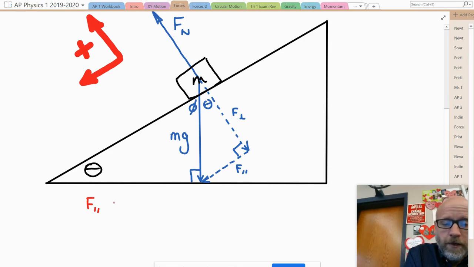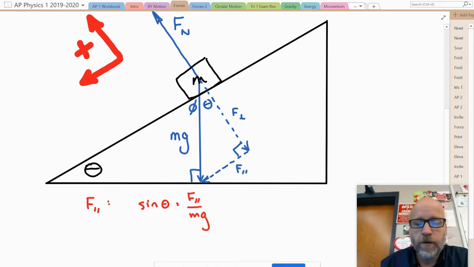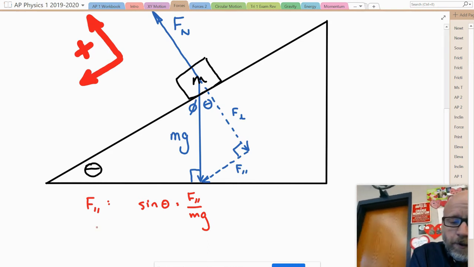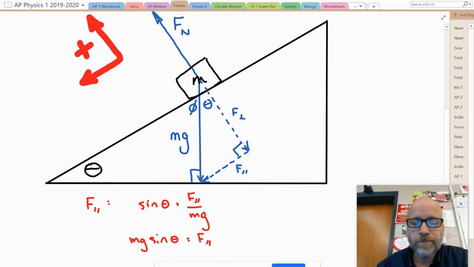To solve for that, it would be the sine of theta equals F parallel over mg, because sine is opposite over the hypotenuse, and the hypotenuse of this triangle is mg. So this force parallel becomes, actually maybe I'll show it here, it becomes mg sine of theta equals force parallel.